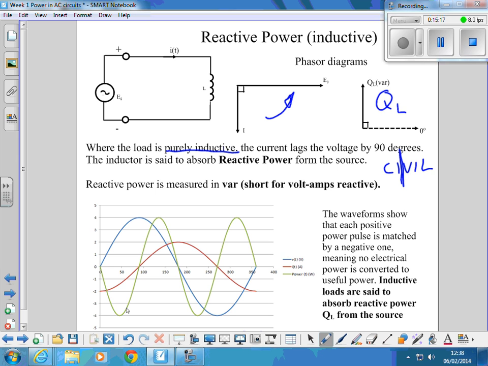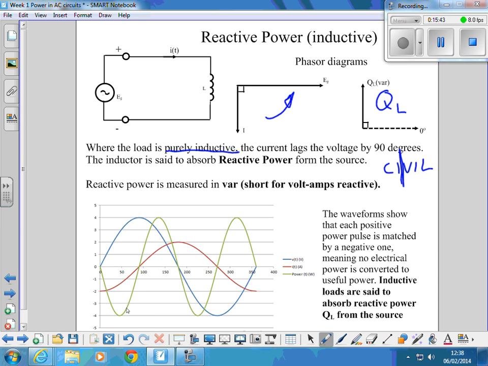The reactive power being used by an inductor is the power used to magnetize or create the field in that inductor. So it's creating a field in one direction, and then passing it back, and then creating the field in the opposite direction, and then passing that back.